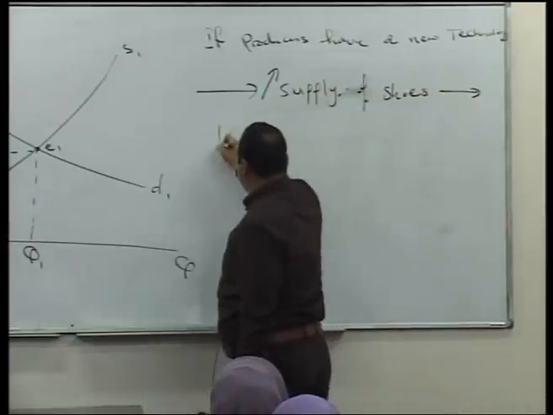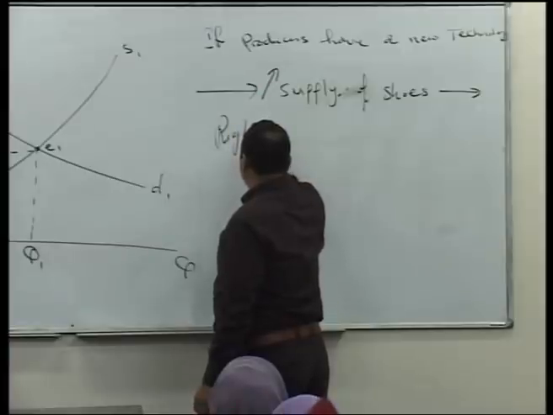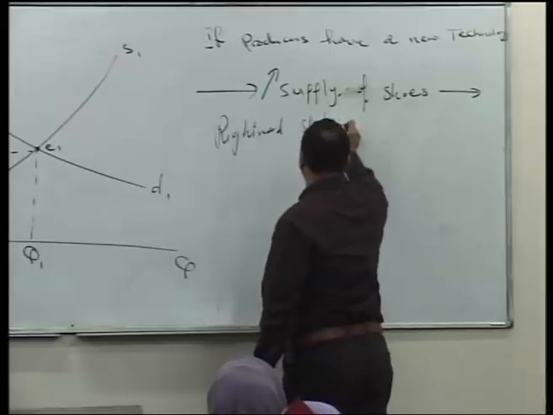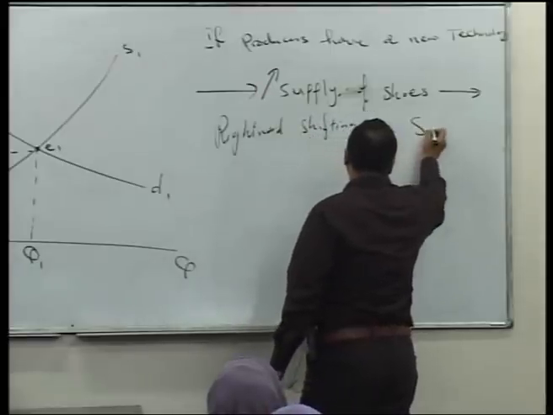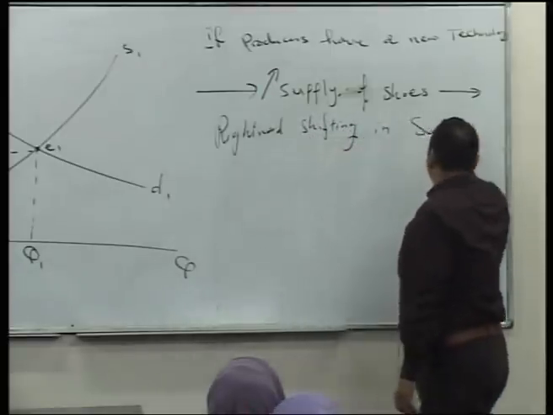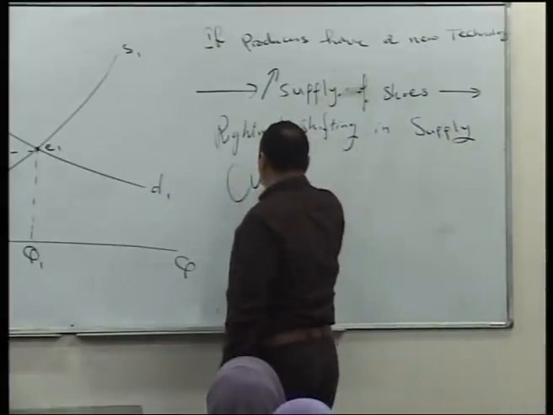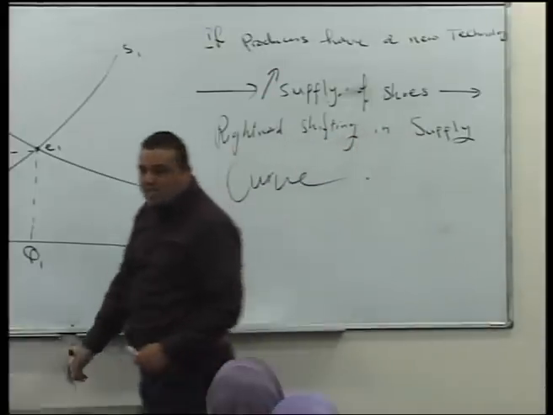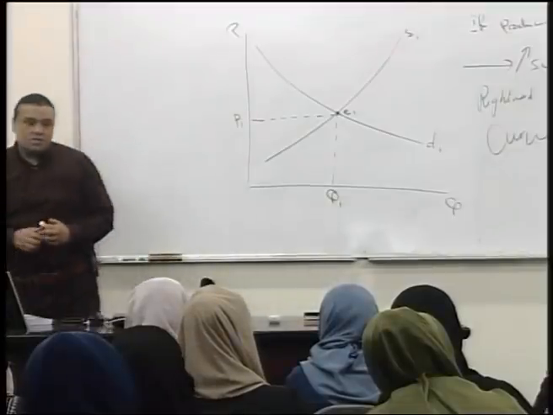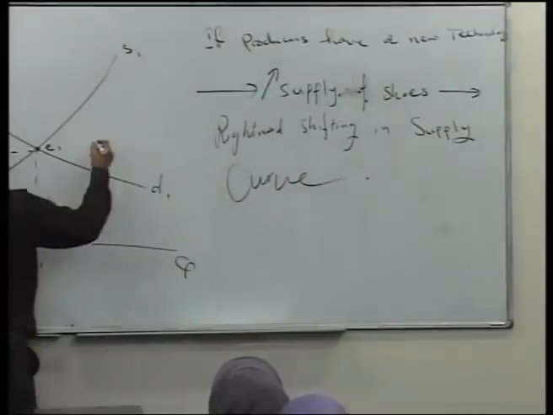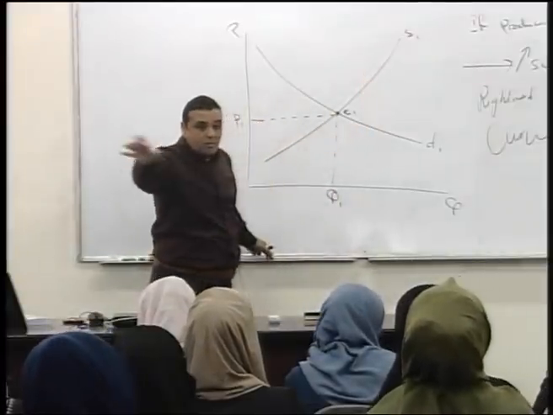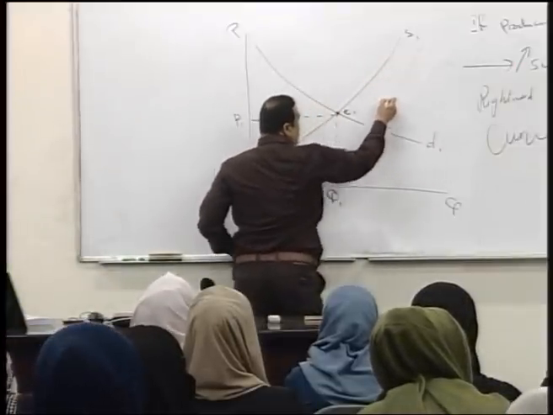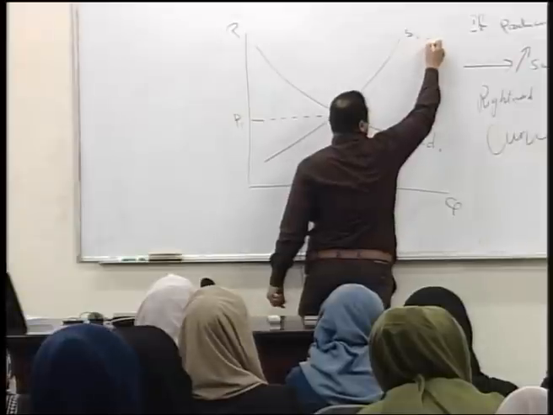So here we have a rightward shifting in the supply curve. Supply shifts right, ceteris paribus, the rest of the factors remaining unchanged. Supply shifts right. This is S2.